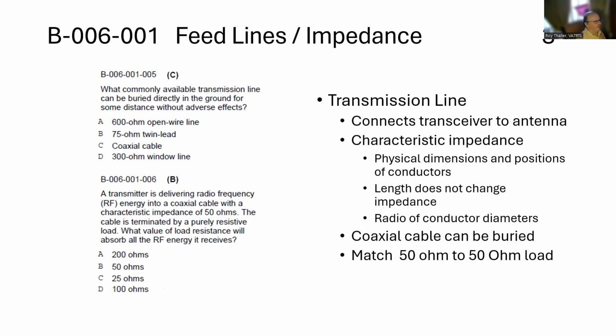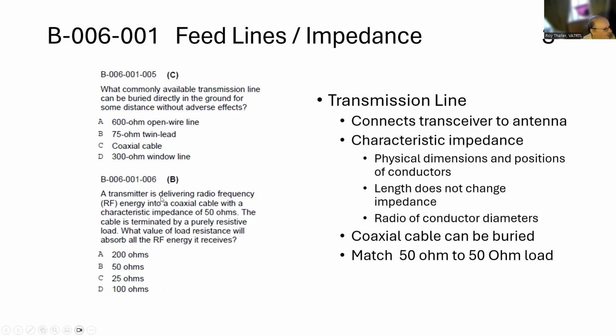What commonly available transmission line can be buried directly in the ground for some distance without adverse effects? And here are the 4 different types of transmission lines that we use in amateur radio. But C, the coaxial cable, can be buried without adverse effects. So C is the correct answer.